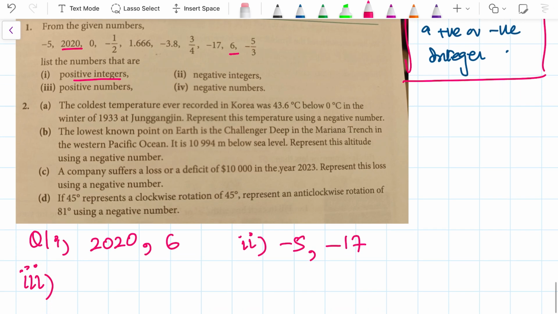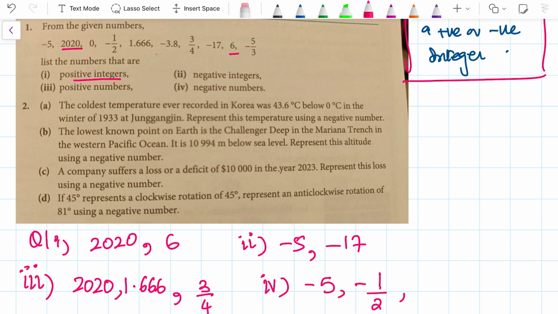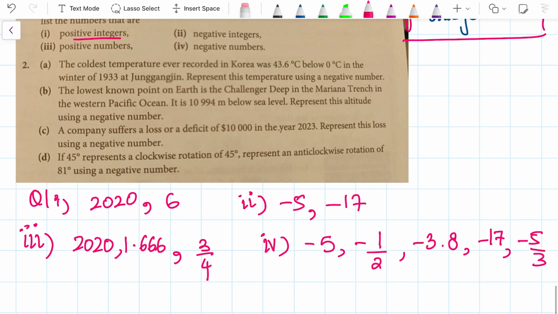Positive numbers. 20, 1.666, 3 upon 4, and that's it. Negative numbers, -5, -1 upon 2, -3.8, -17, -5 upon 3. So all fractional, decimal, whole, everything comes in this category.